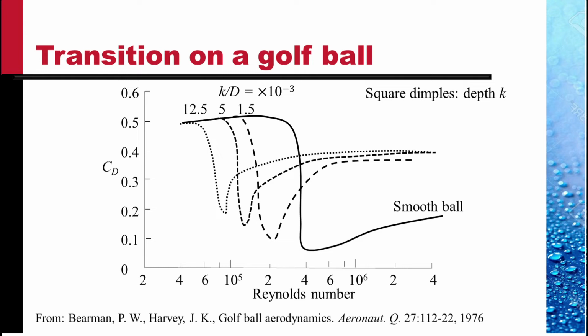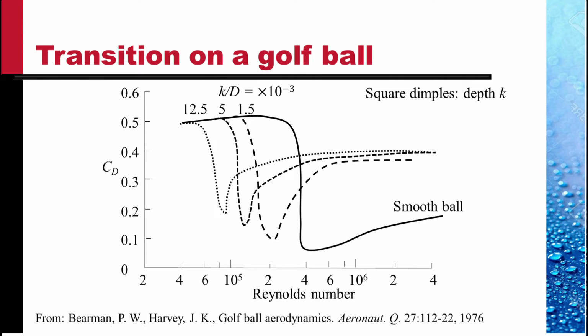As you increase the depth of dimples, and these experiments were done with square dimples, the depth measured by K, so K by D in 10 to the minus 3: if the dimple was shallow, the transition shifted to something like 2 or a little less than 2 into 10 to the power 5.